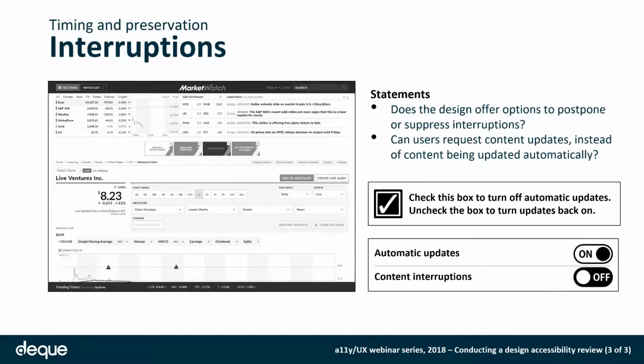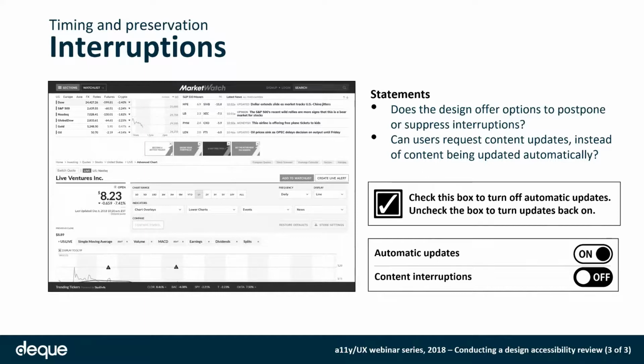where they are, and based on what they're currently doing, because their process is much more linear than a sighted person's process would be. And examples of ways to do that would be to maybe have a checkbox in your interface that says, check this checkbox if you want to turn off automatic updates, because by default we expect that they would be turned on, but you could at least turn them off. And then if you can uncheck it, if you want to turn them back on again, that could be an option.